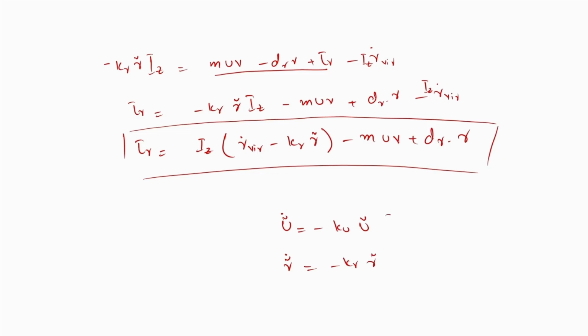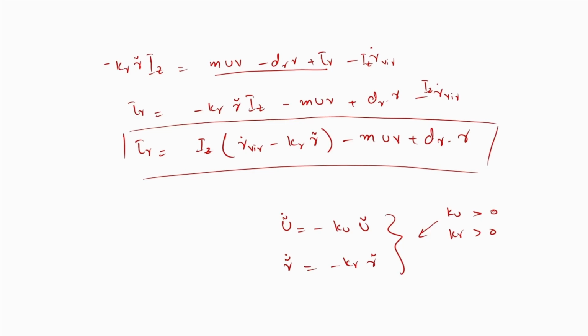So we have to design the control gains ku and kr as positive, and sufficiently large so we can achieve this criteria.